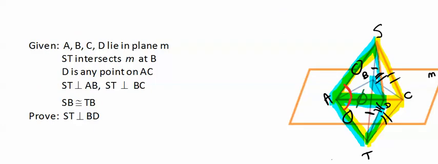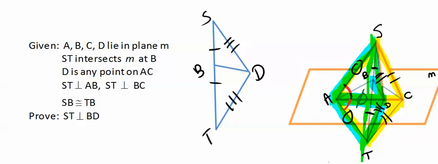Now let's look back at the diagram and again think about where we are trying to go with this. If you look at this triangle right here, line segment ST to SD, if we redraw that on the left, we can see how the segments are congruent.